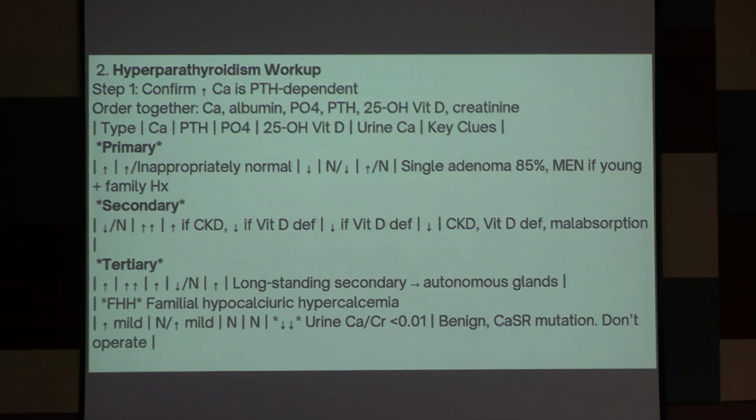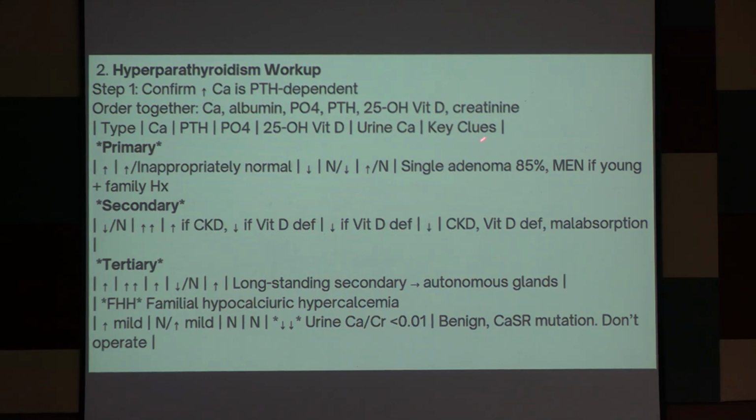Again, type primary: calcium level is increased, parathyroid hormone is increased or inappropriately normal, phosphate will be low, vitamin D normal or low, urine calcium increased.